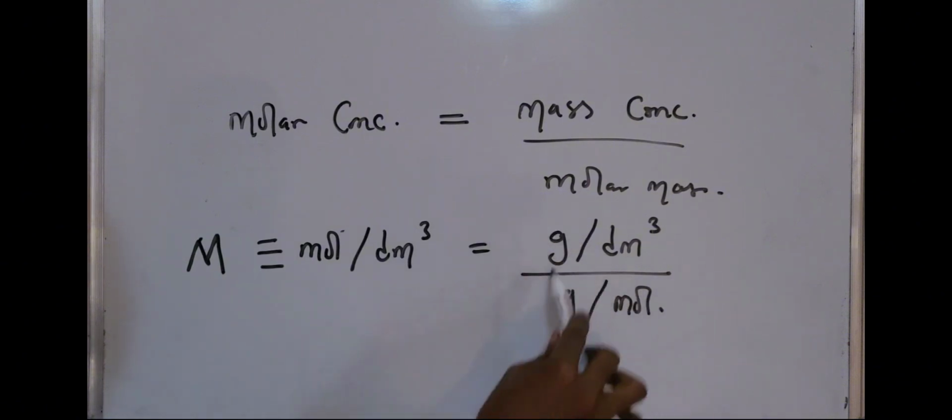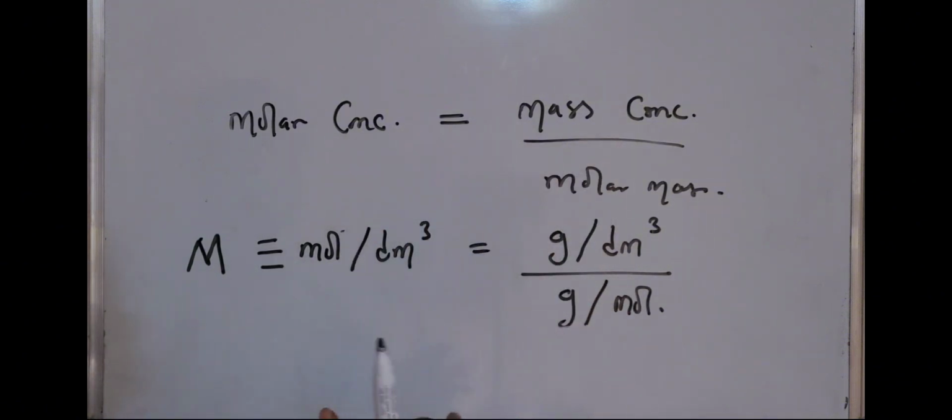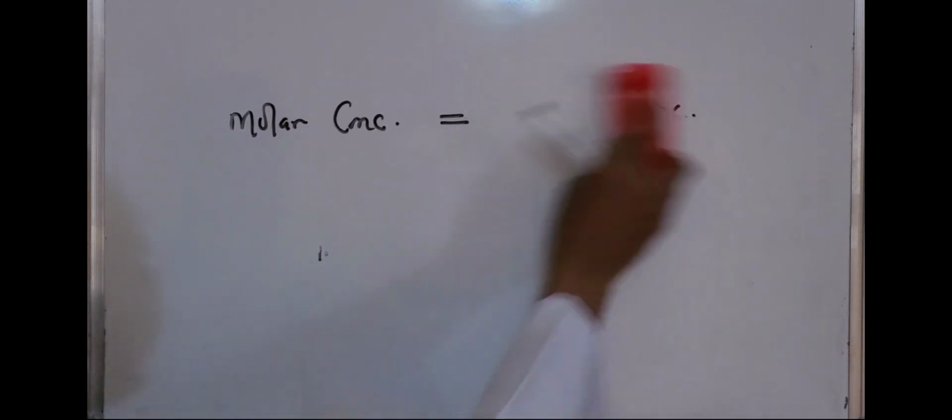So these are the units that help you to maneuver any calculation that is given to you. So I will take a little example from your exercise, which you are supposed to have done.